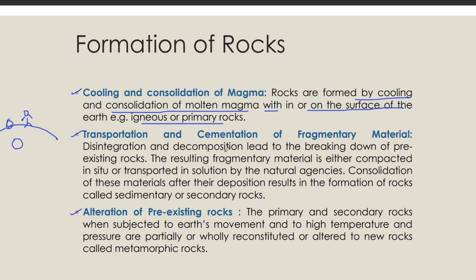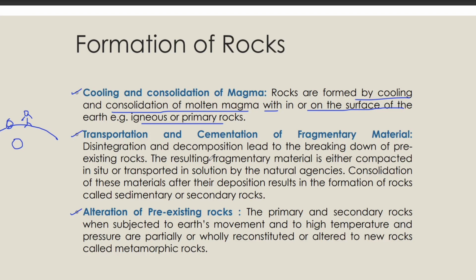After that we have the transportation and cementation of fragmentary materials. The igneous or primary rocks can also be disintegrated and decomposed. Then the broken-down material is transported in solution by natural agencies like air and wind.